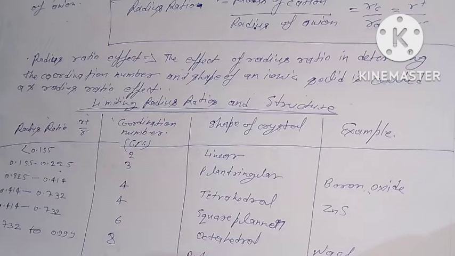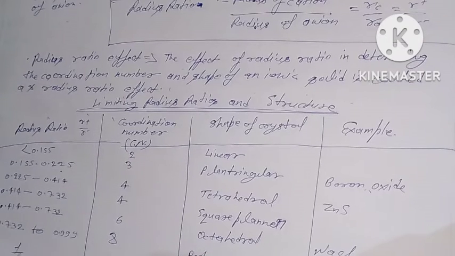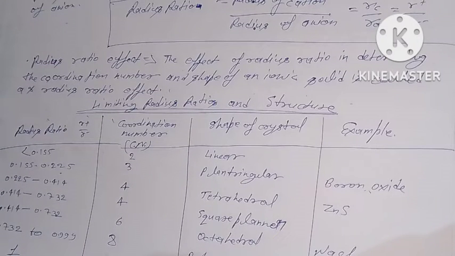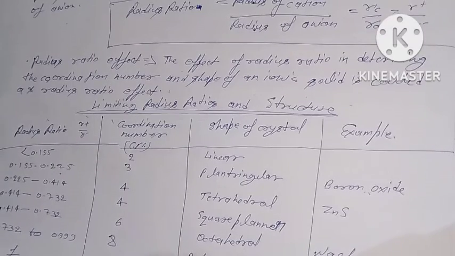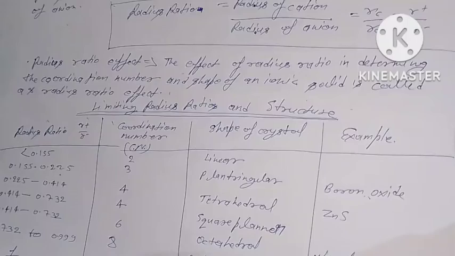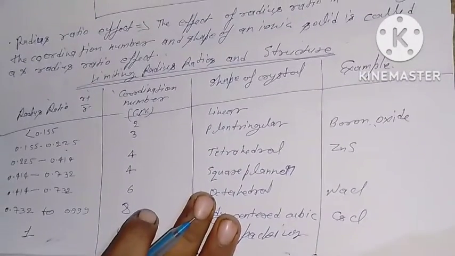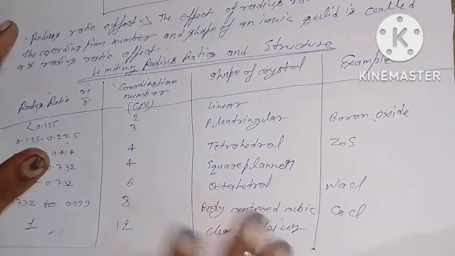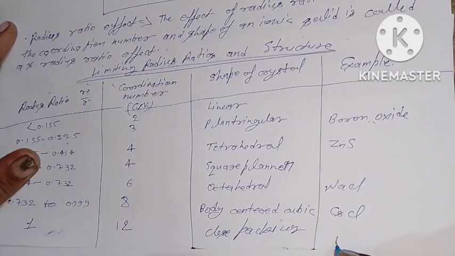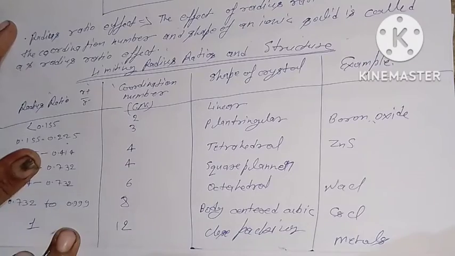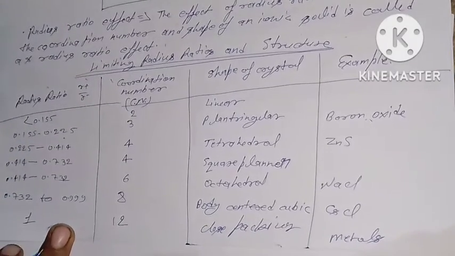Okay, and radius ratio if 1, then coordination number is 12, and structure is close packing, and example metals. Okay, the structure of metals is close packing.